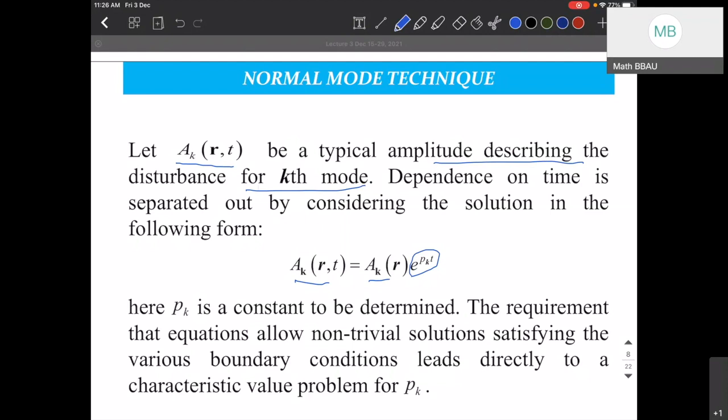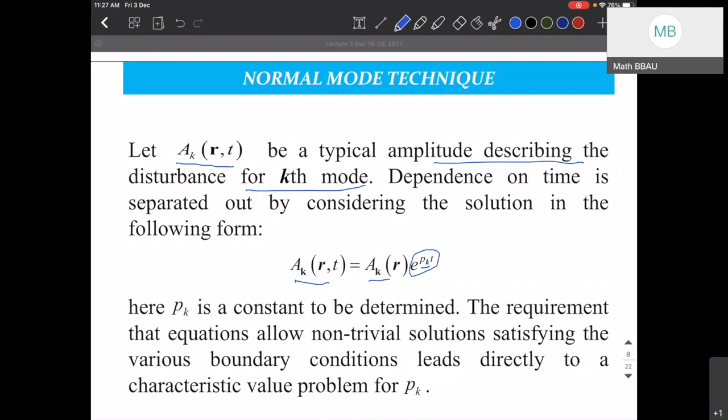This p_k is the most important thing for us. This is basically a complex constant, that p_k can be written as p_kr plus i p_ki, and our main concern will be the real part of this p_k.